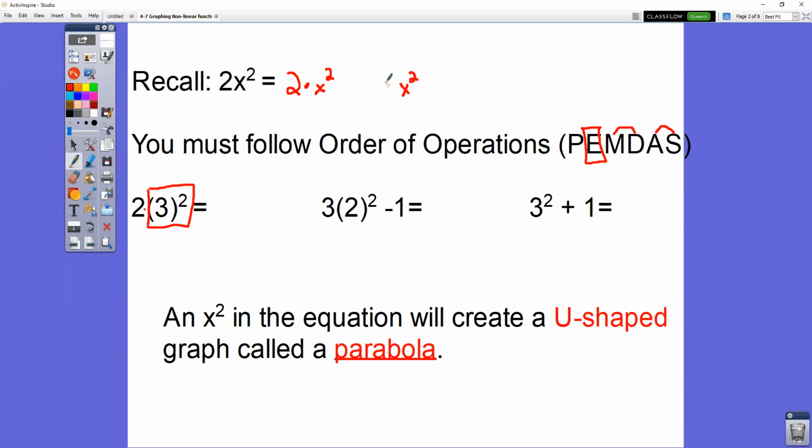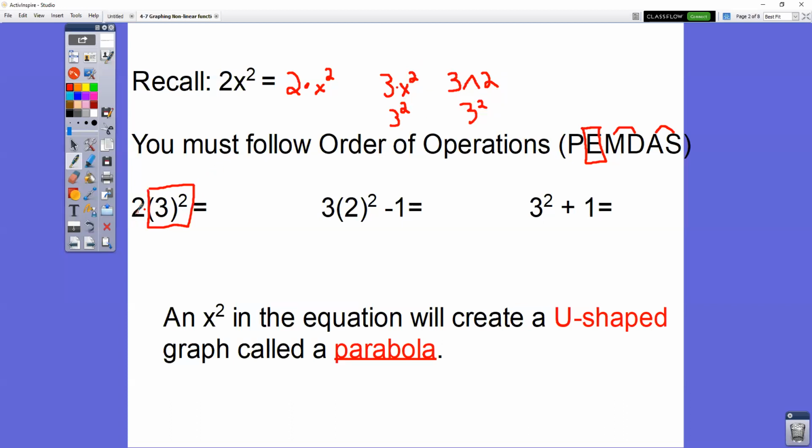So if you have an x squared button, you might just be able to type in 3 and then hit that x squared button for it to write 3 squared. But if you don't have an x squared button, you might have a caret button to do your exponent. So 3 caret 2. That will also type in 3 squared on your calculator. So depending on what calculator you're using, you might do it a little bit differently.